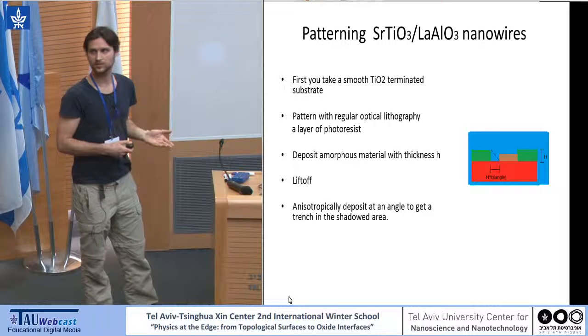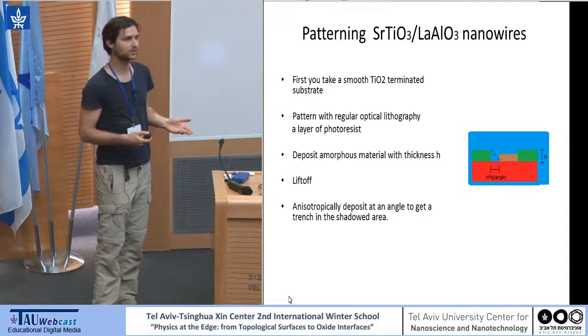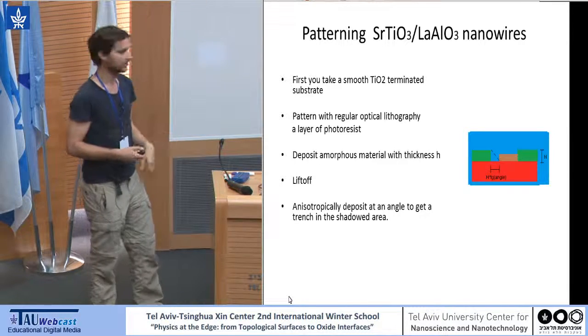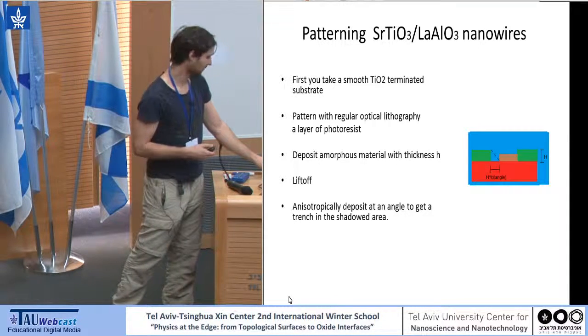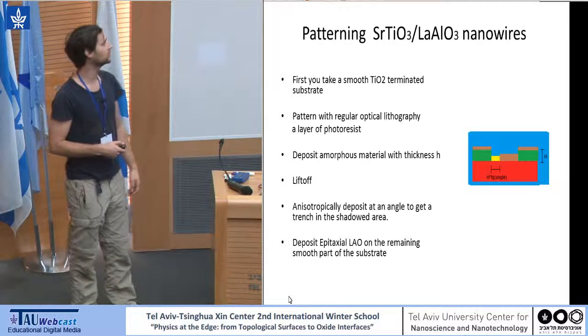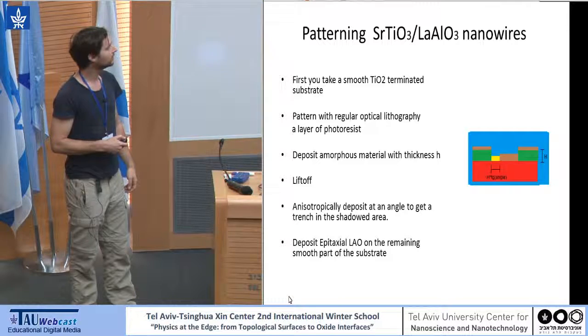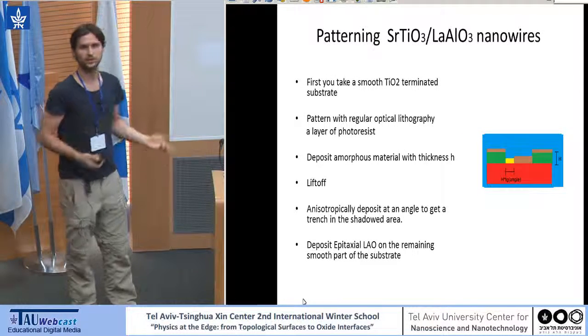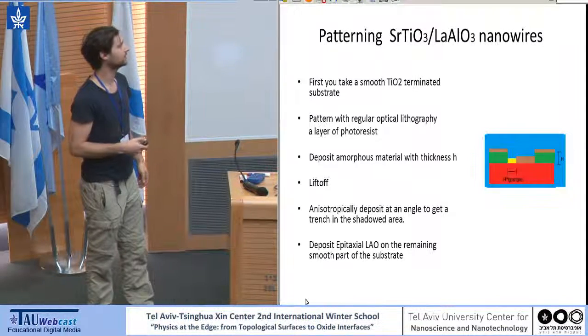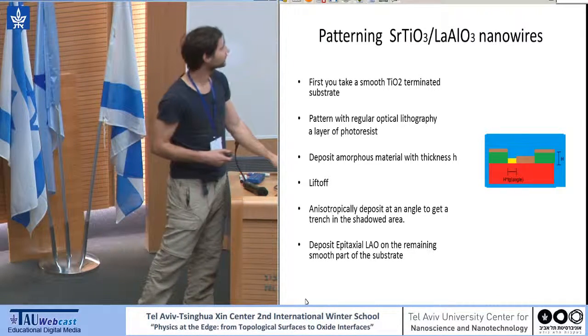And this can be very small because you can control thickness of films very easily, much more easily than you can control lateral dimensions in lithography. So the only thing that remains to do is to deposit the epitaxial LaAlO3, which grows epitaxially only here, and here. It grows as an amorphous film elsewhere. So you get conductivity only along this narrow channel.